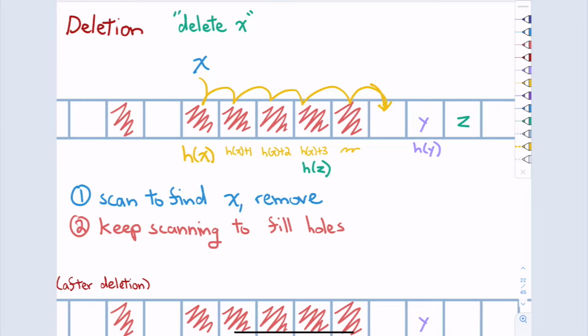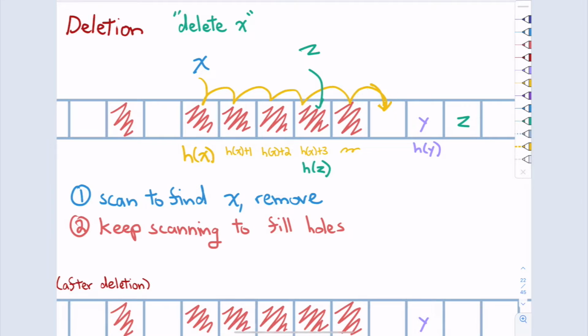It'll become clearer why later. But imagine at this stage I was looking up z. I would go to where the hash code is and start scanning, and I would reach an empty slot and conclude that z is not there. So I want to avoid that kind of thing.